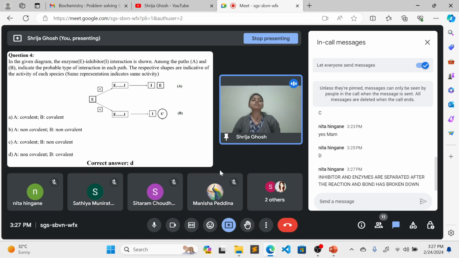The activity of the enzyme is changing. The change in activity actually shows that there was some covalent interaction that was broken, and due to bond breakage, there has been a change in the activity. So the first path is non-covalent interaction. The second path shows a covalent interaction between the enzyme and inhibitor.